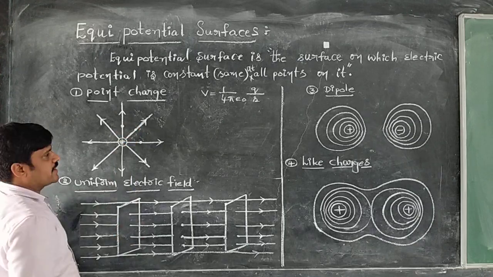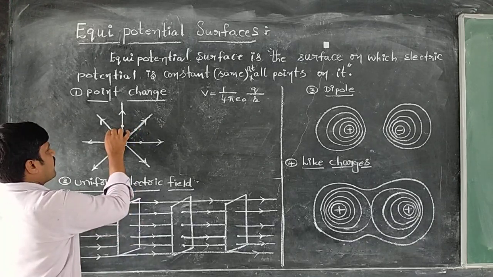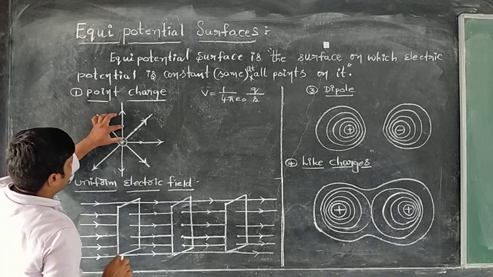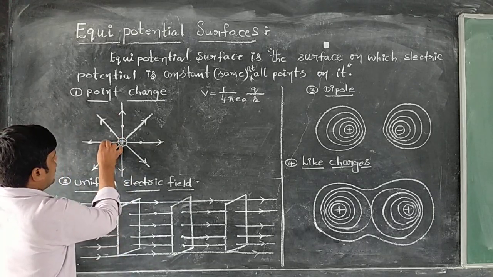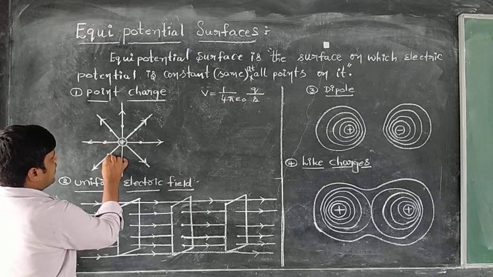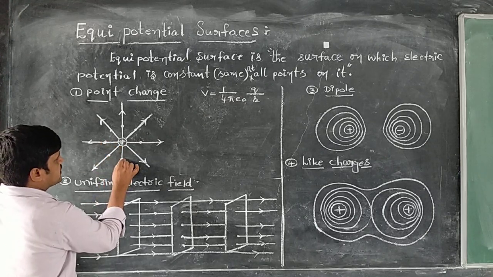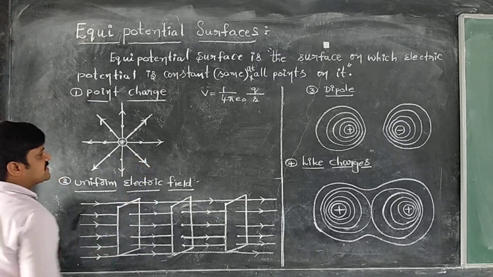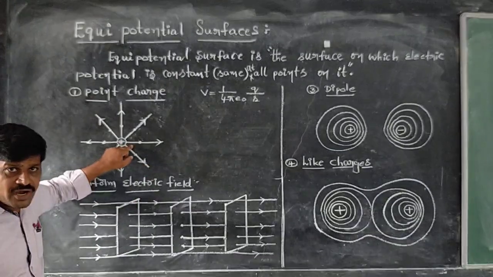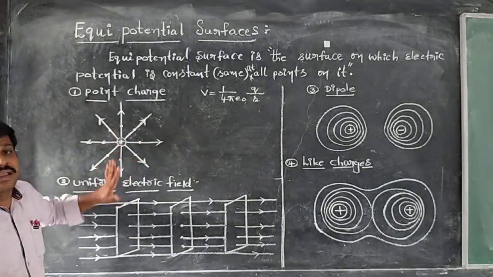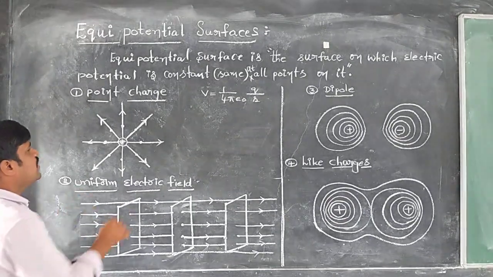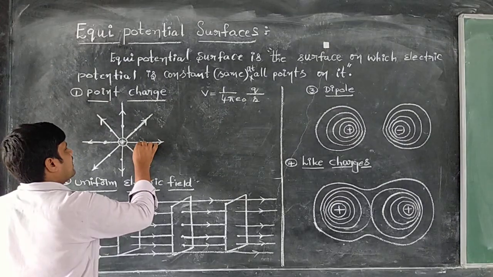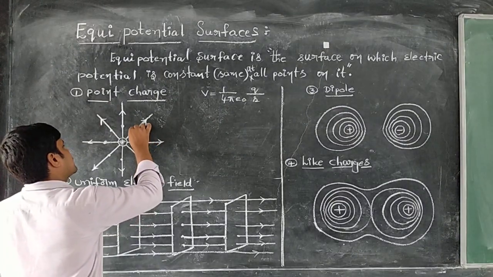From the point charge at a distance r, in all directions I have considered points at distance r. Now join all the points which I have considered here.